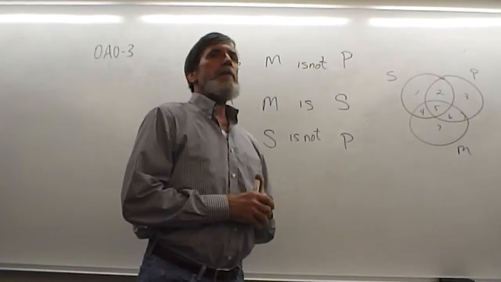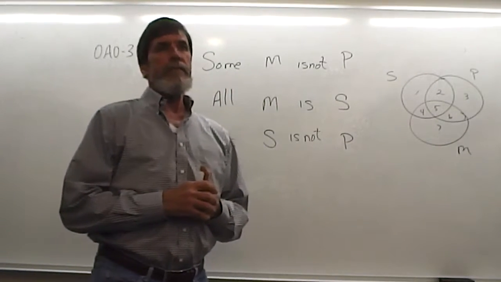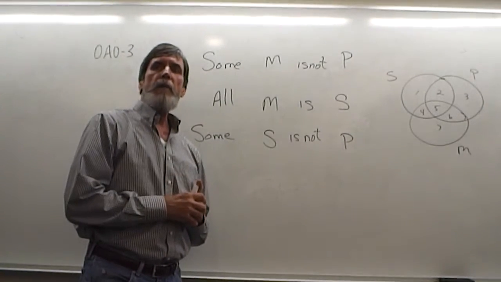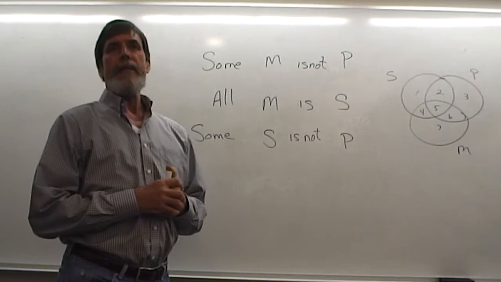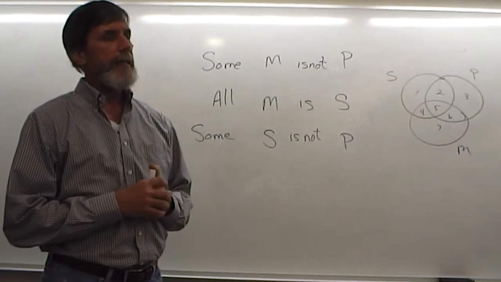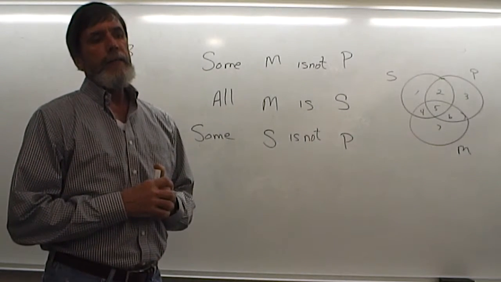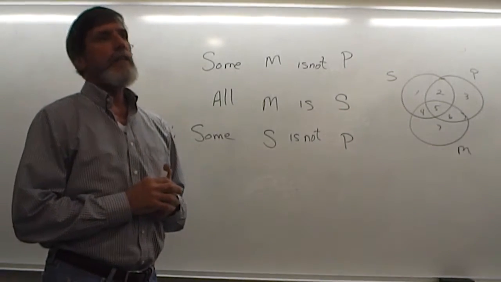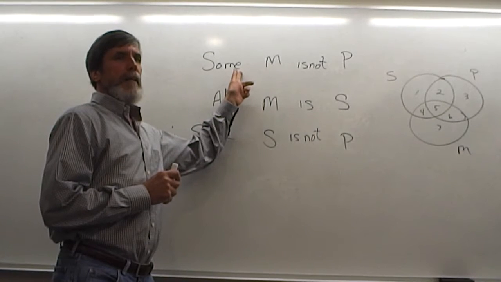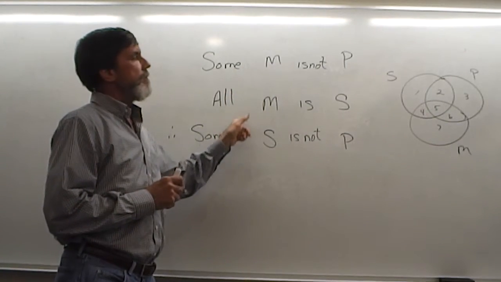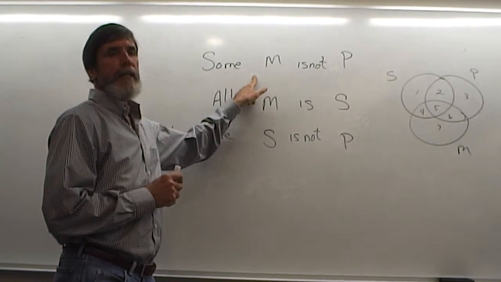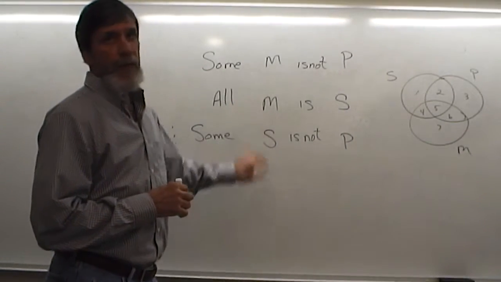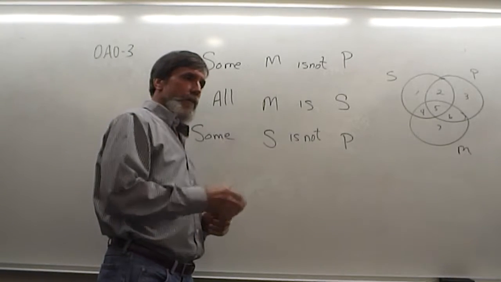There are a couple things you have to remember in diagramming your arguments. If you've got one premise that's universal and the other premise particular, you must diagram the universal premise first. We do have that situation here. Major premise is particular, minor premise is universal, so we've got to diagram that universal premise first. Go ahead and get started on that.